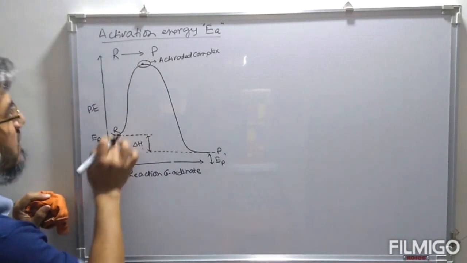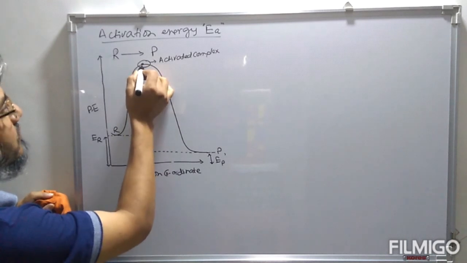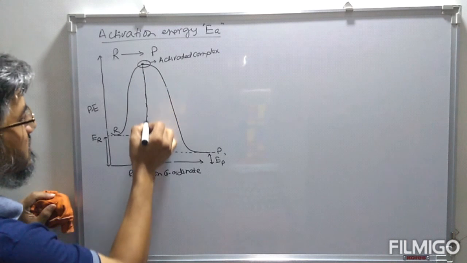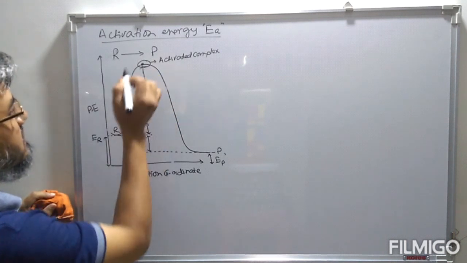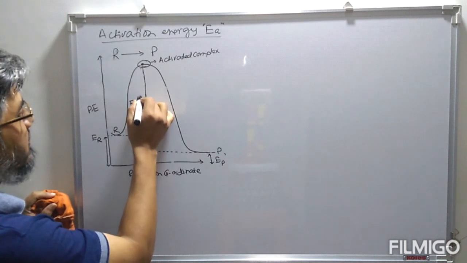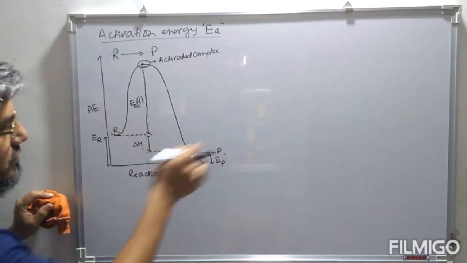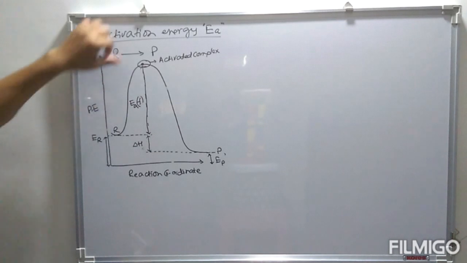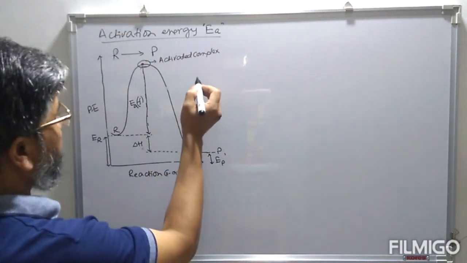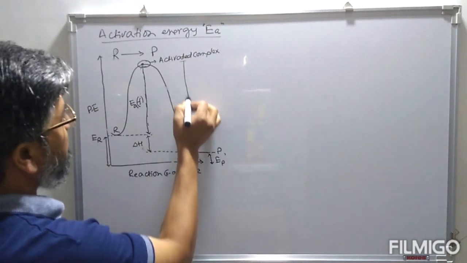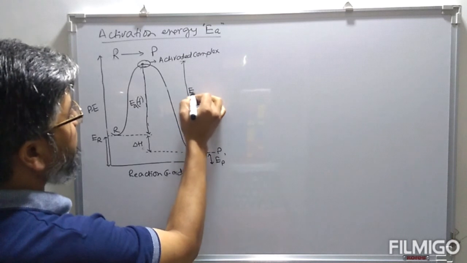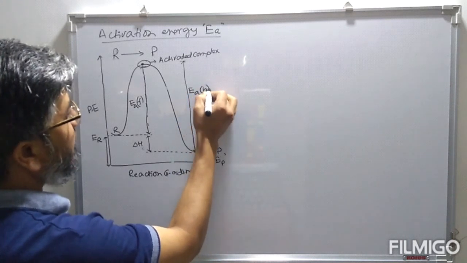The distance from this R to this activated complex is known as activation energy for the forward reaction, that is, the reactant is to be converted into product P. For this, the reactant molecule has to cross this energy barrier. Whereas this distance is known as activation energy for the backward reaction.